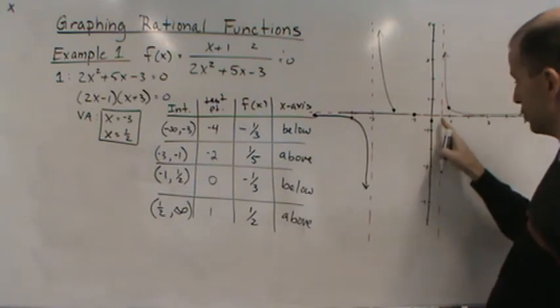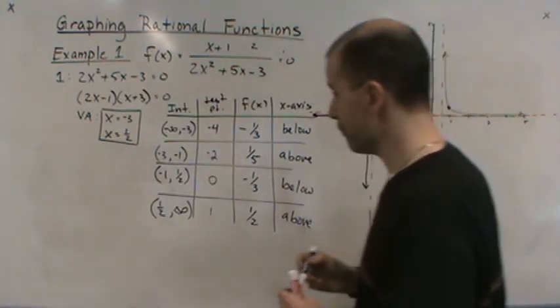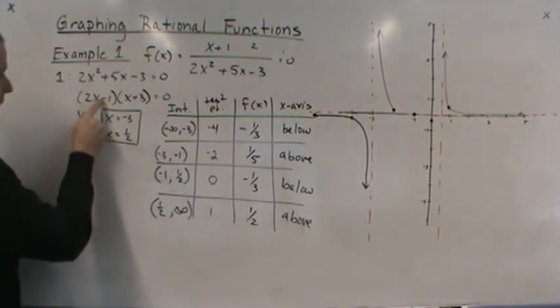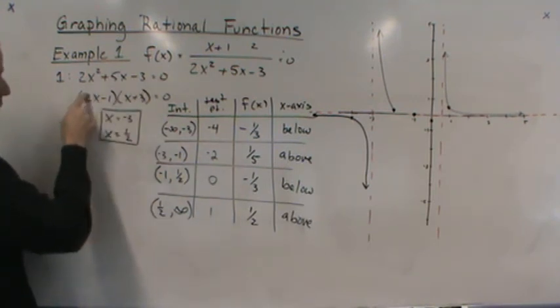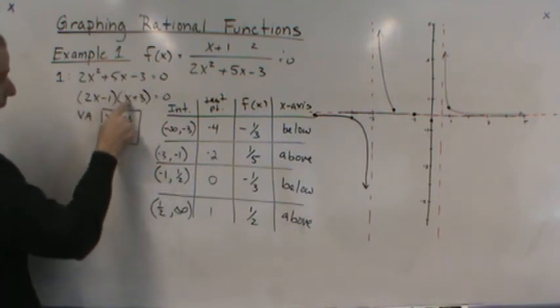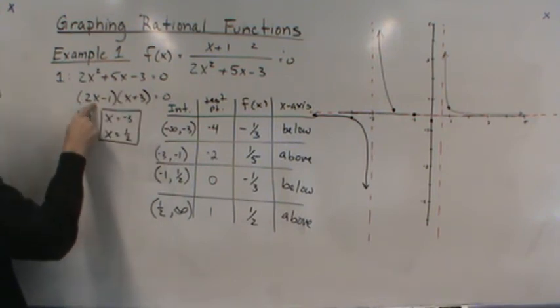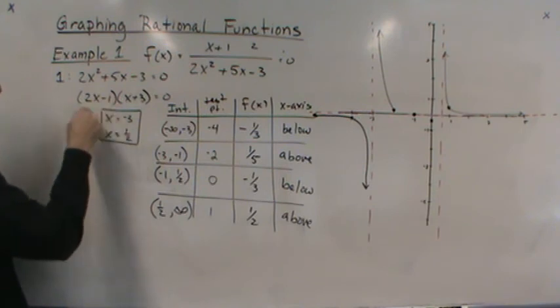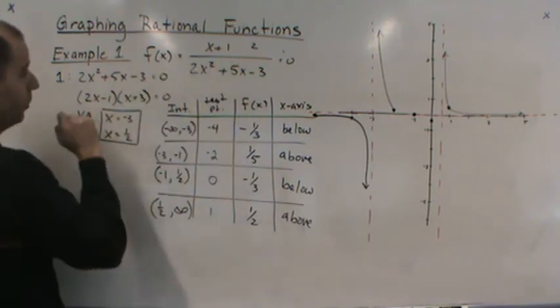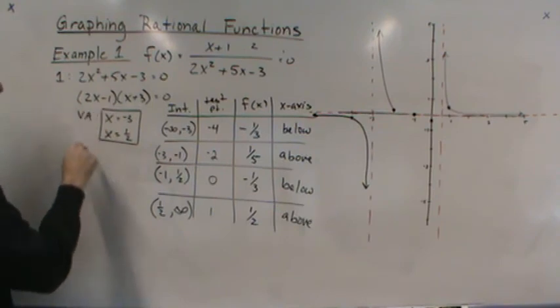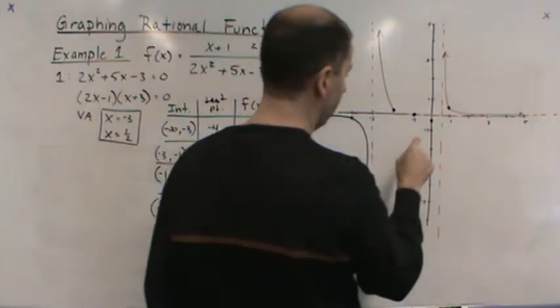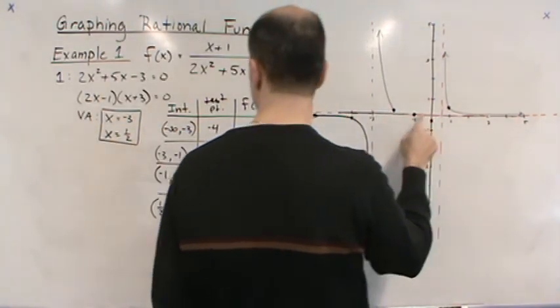And now if we get closer to a half, as we get closer to the half on the left, this is getting closer and closer to 0. This is positive, but hold on a second here. Oh, this is negative. So we're less than a half.